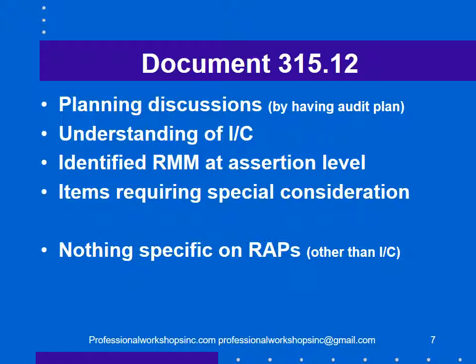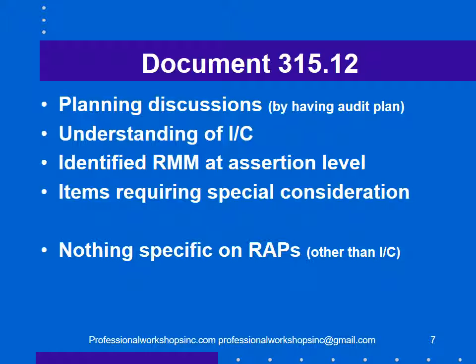And here's the documentation requirement in 315.12. We have to document our planning discussions, and we can do that by having an audit plan. That sort of demonstrates that we had planning discussions. We have to document our understanding of internal control, and that's beyond this module. We have to document the identified level of risk of material misstatement, and it has to be documented at the assertion level.